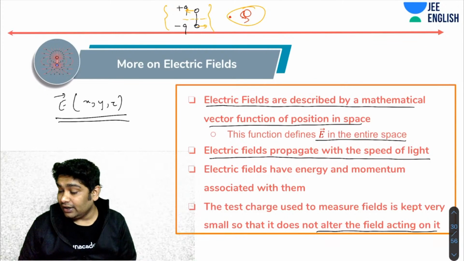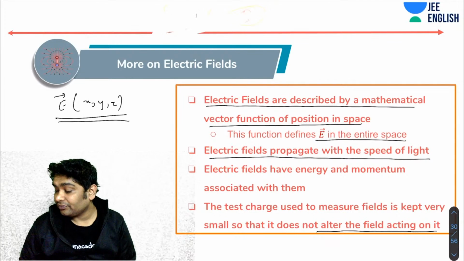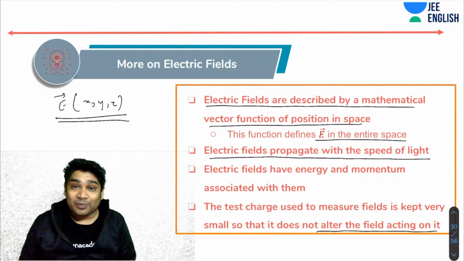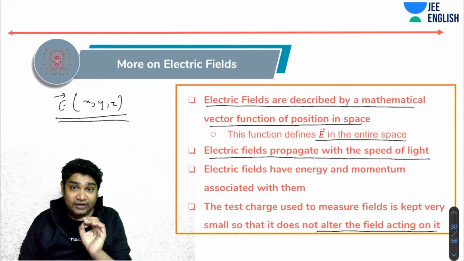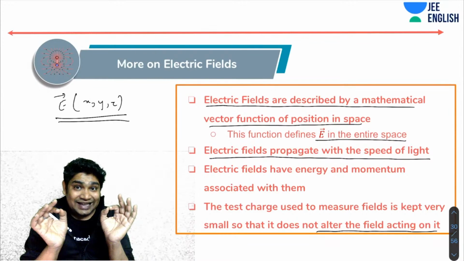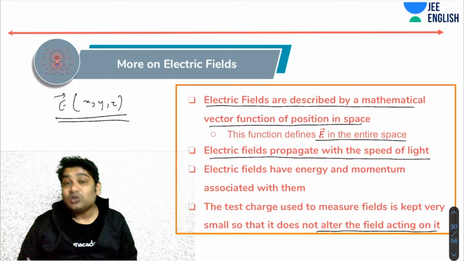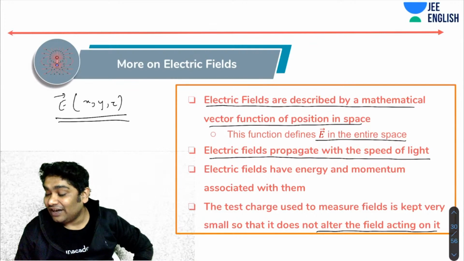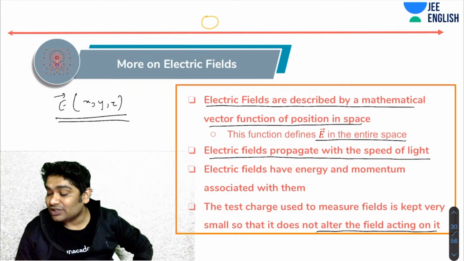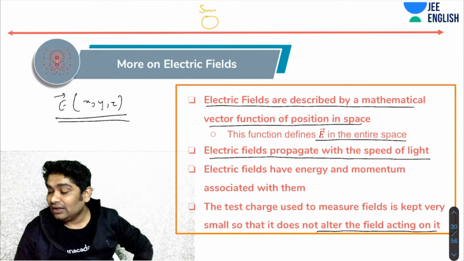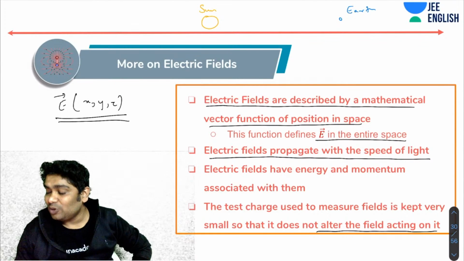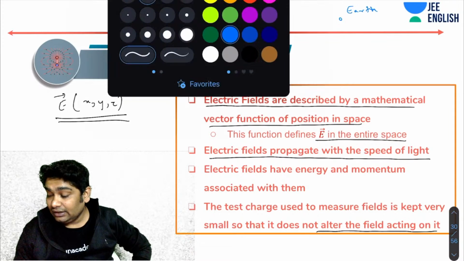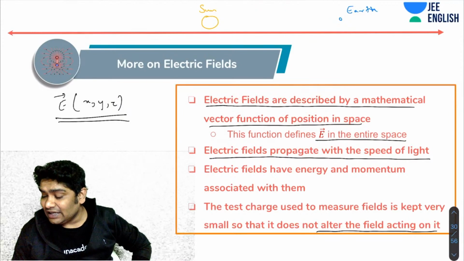Now again, I told you that all fields propagate with the speed of light. So it turns out there is a lag between you bringing two charges together and the force being experienced. Suppose you have your sun and you have your earth. Suppose I suddenly give both of them positive charges.